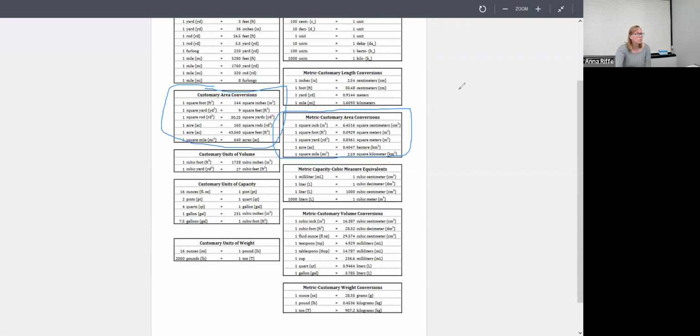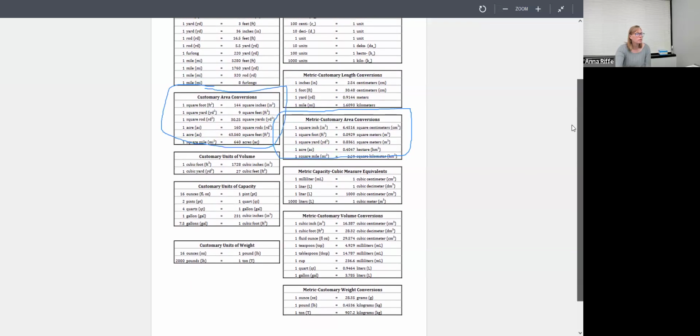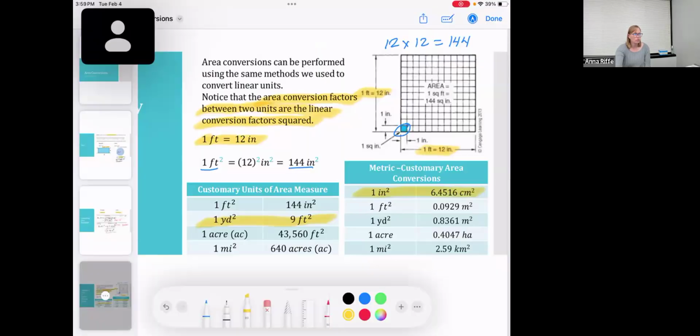I thought there were, but maybe there are not. Let me go up a little bit. I see customary, I see capacity, volume. Yeah, I don't see any between, oh no, those are the between system. These are metric customary area conversions. There we go. Because we do the metric a little bit differently. I remember now. So there's the metric between metric and customary. So you have boxes for them on your conversion charts.